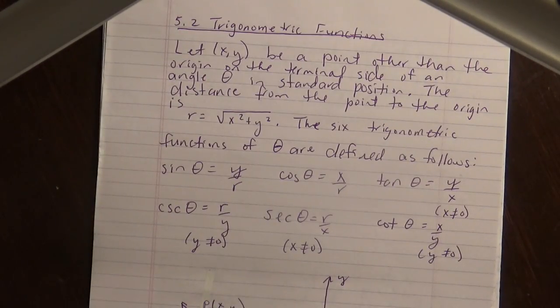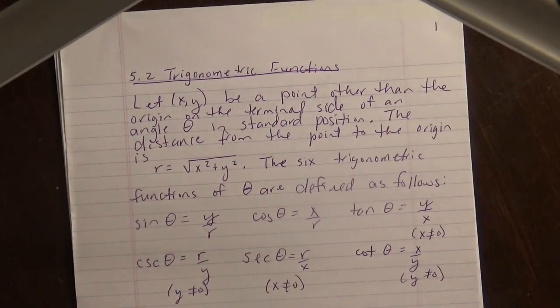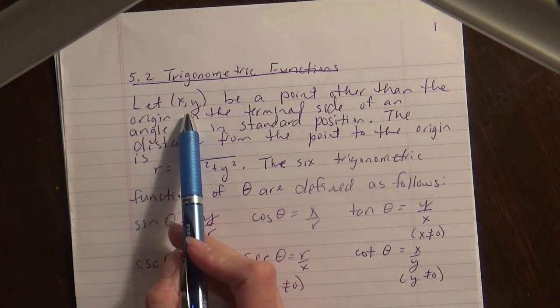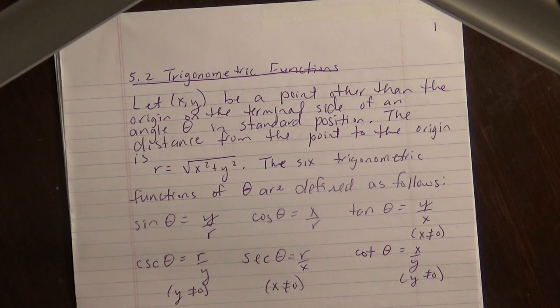So let's begin by talking about section 5.2. In section 5.2, we're going to start by letting the ordered pair (x, y) be a point other than the origin on the terminal side of an angle theta in standard position.